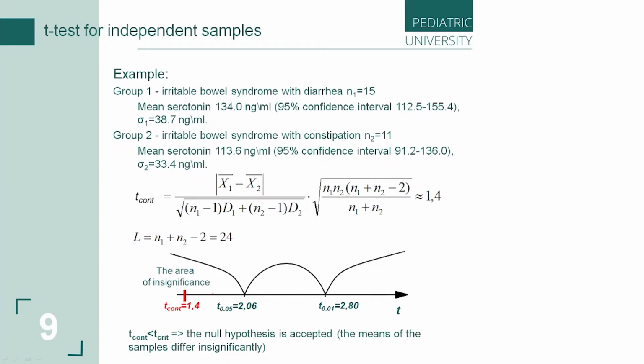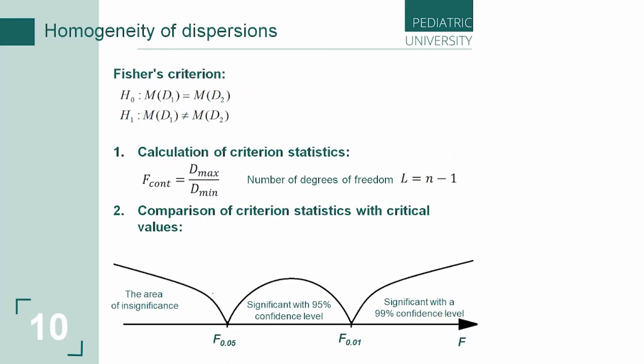So, this is how the t-test for independent samples can be calculated. And we must not forget about the special conditions when we can apply the t-test for independent samples.